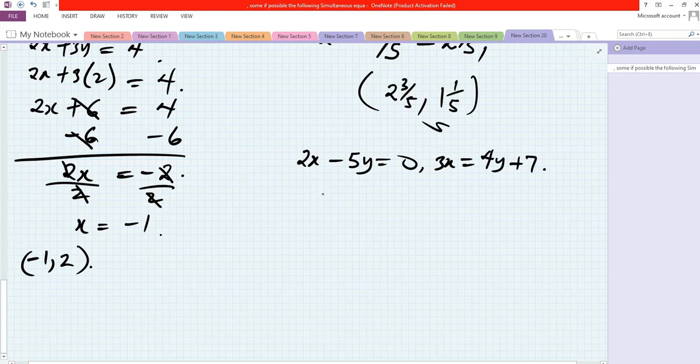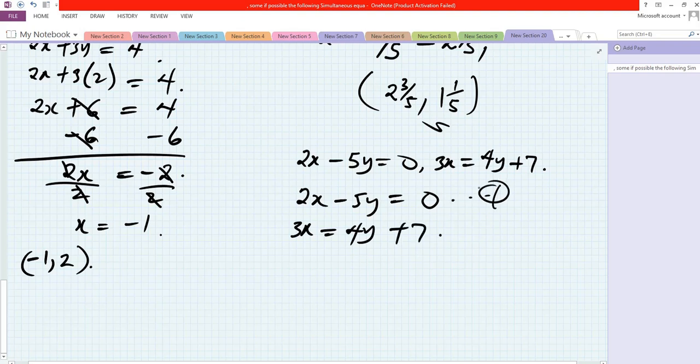Now we have 2x minus 5y equal to 0, and we have 3x equal to 4y plus 7. This is equation 1. Equation 2.